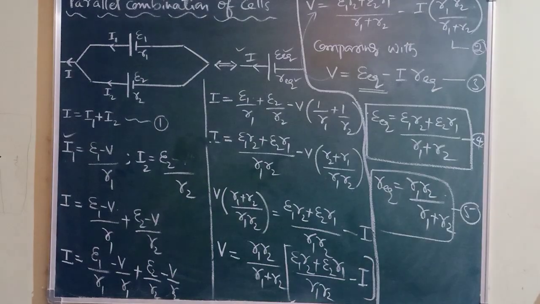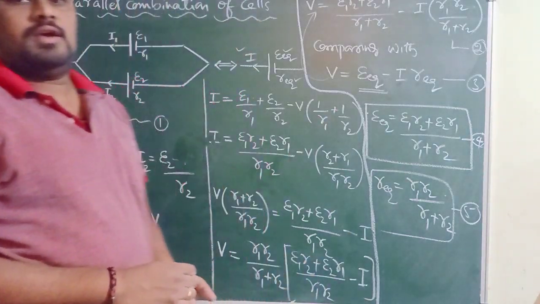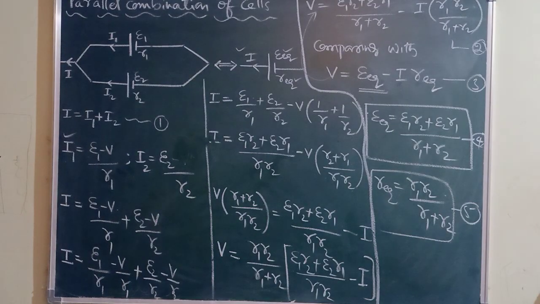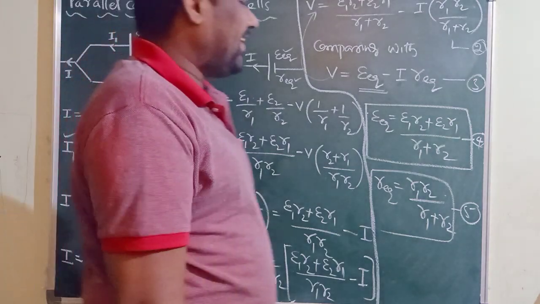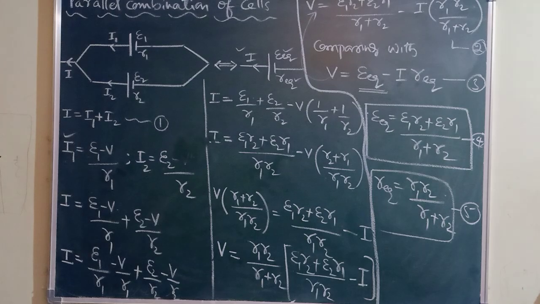What are equations 4 and 5? Equations 4 and 5 are the equivalent EMF and equivalent internal resistance when the number of cells are connected in parallel.